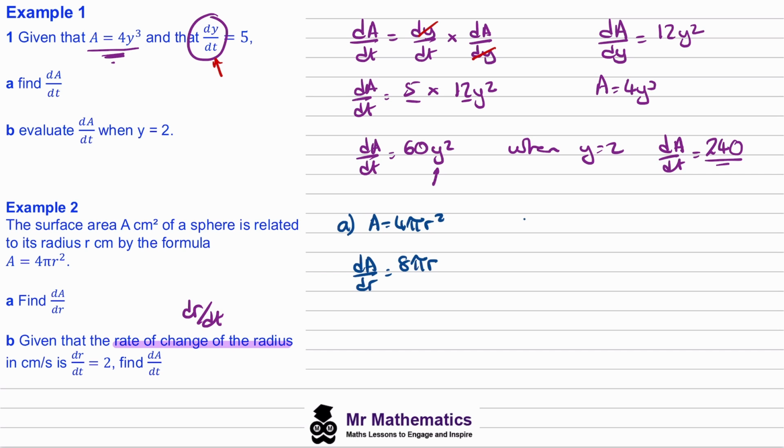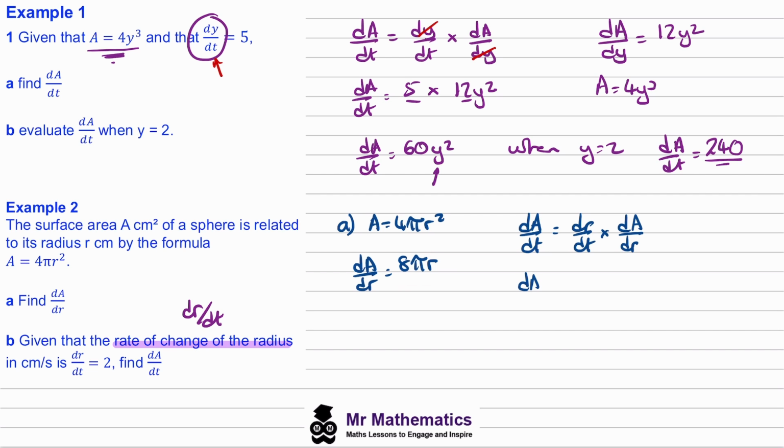So using the chain rule, dA by dt, we have dr by dt. So what do you think we need to multiply this by to get dA by dt? Well, we need a dA on our numerator to match with this one, and then we need to cancel out this dr. So we need to find dA by dr, and we have that here.